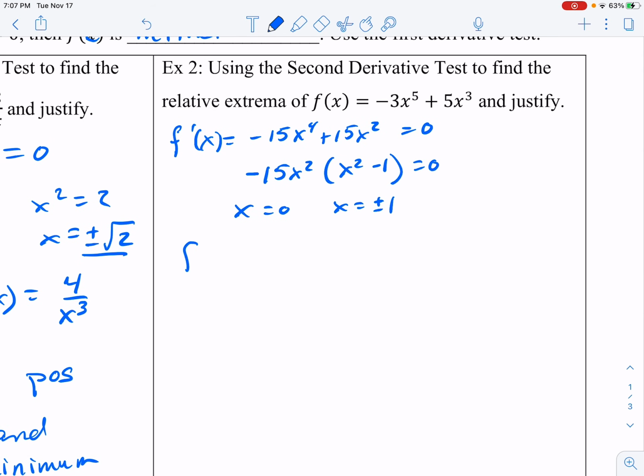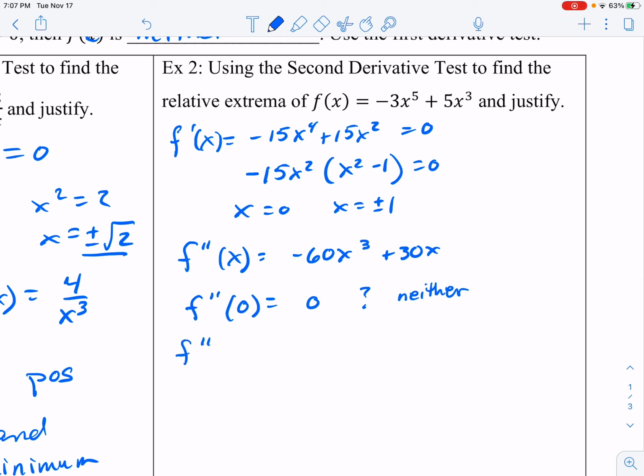Now I'm going to take the second derivative, and I get negative 60x cubed plus 30x, and I'm going to plug in these values. If I plug in 0, I get 0, so it's neither.